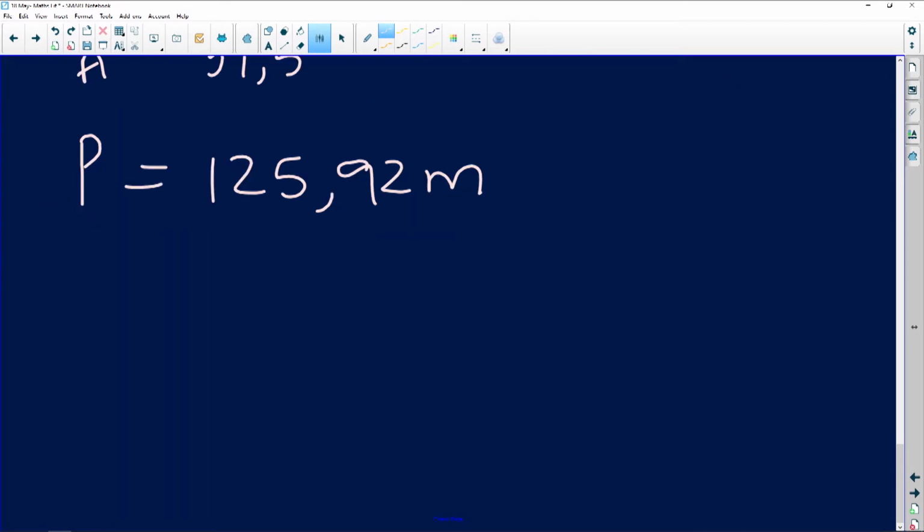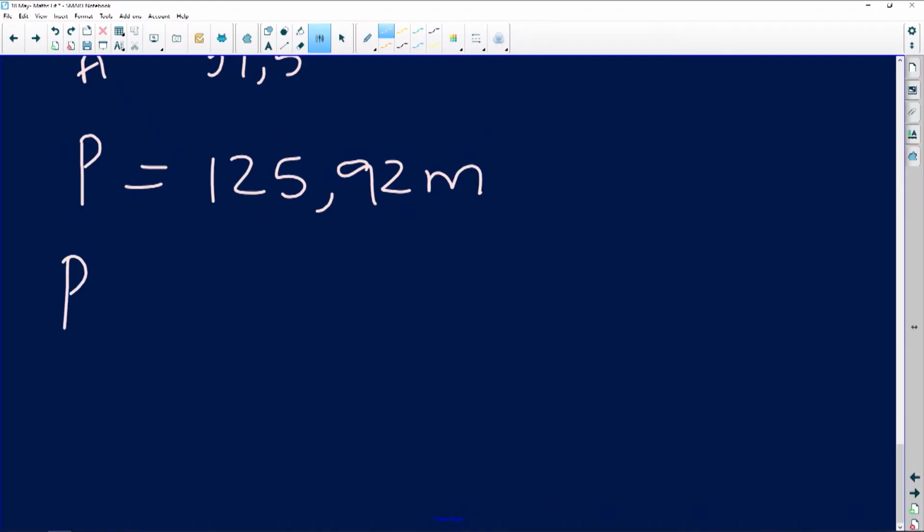Firstly, how do you find the perimeter of a shape that looks like this? The perimeter of this particular shape is going to be the distances added around the shape. So it's all the distances, or the dimensions. Let's call it dimensions. The dimensions around the shape, all you do is add them.